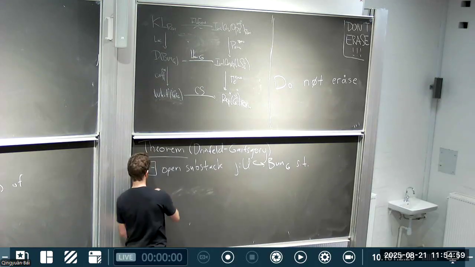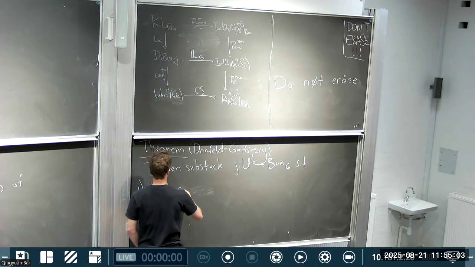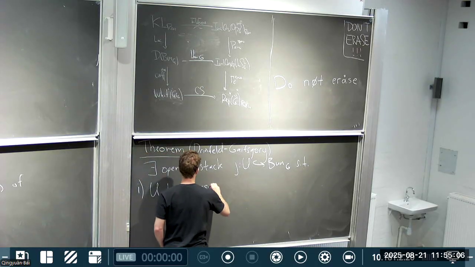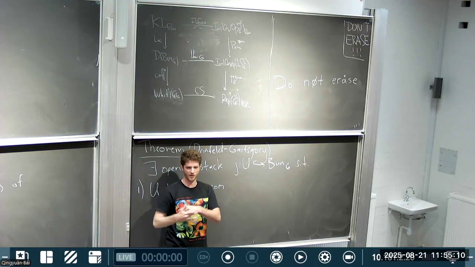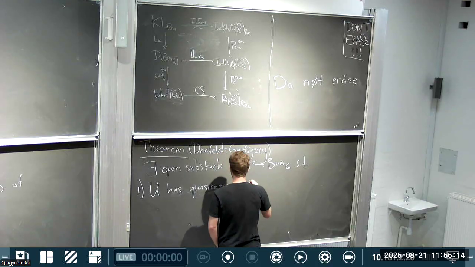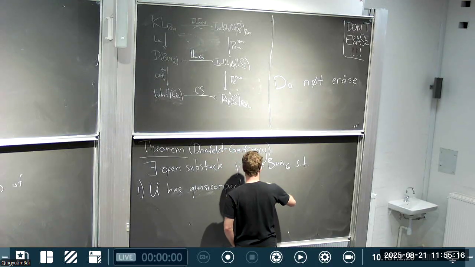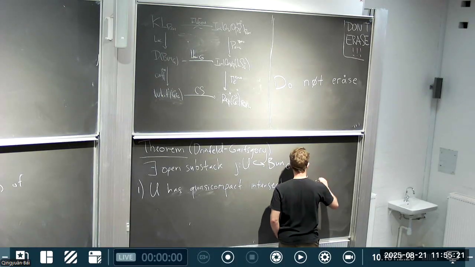First of all, U is quasi-compact. I lied a little bit, it's not quite compact, it's supported in each connected component. Bun_G may have infinitely many connected components. So U has quasi-compact intersection with each connected component of Bun_G.